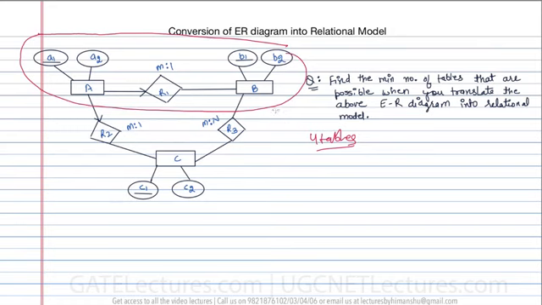For this relationship, between A and B, how many tables do we require? Because it is a many to one relationship, we only require 2 tables here.